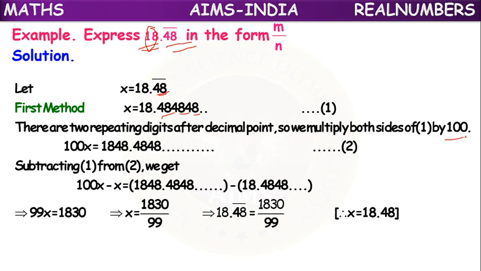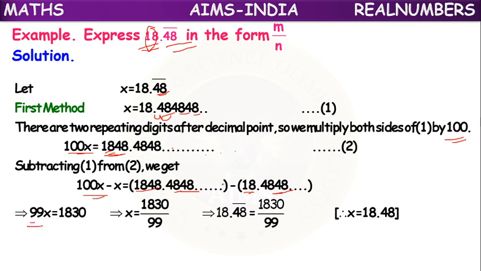Let's multiply with 100, 100x. So this point will move 2 places. Already we have 2 places on the left hand side. Now the point is moving 2 places, so it will become 1848.4848. Subtract 18.4848: 100x minus x, 99x.